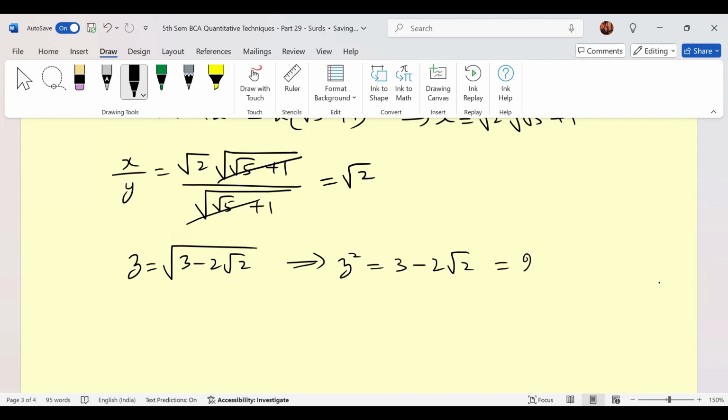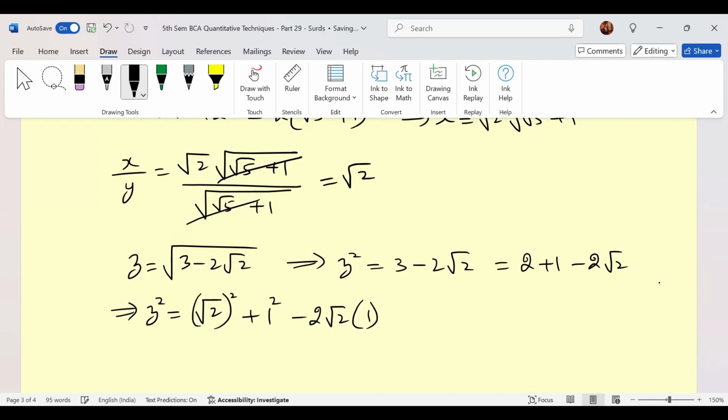Now the 3 can be written as 2 plus 1 minus 2 root 2, which means our z square can be written as root 2 the square plus 1 square minus 2 times root 2 into 1, which is like a square plus b square minus 2ab, which can be written as root 2 minus 1 the whole square. That means z will be root 2 minus 1.